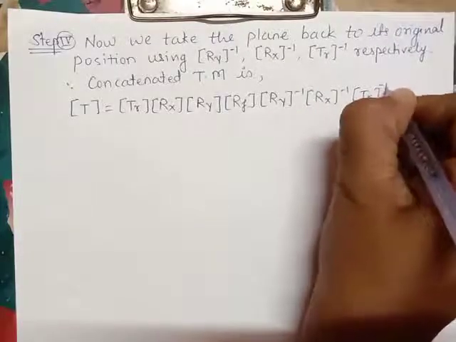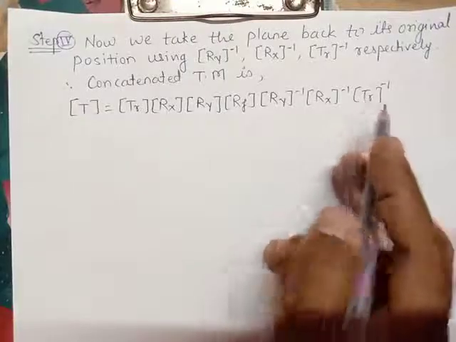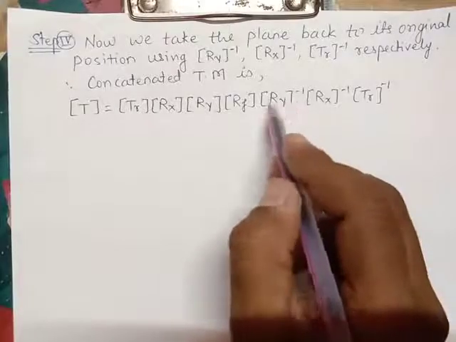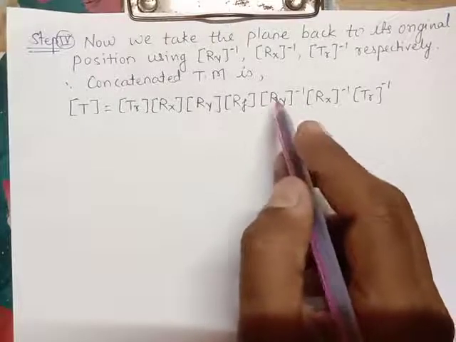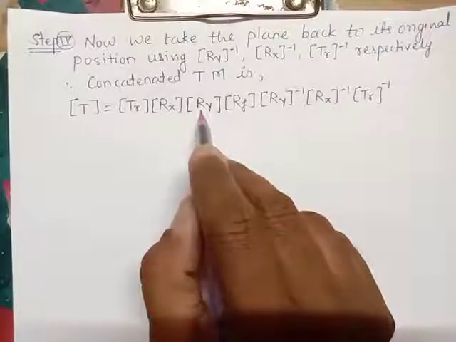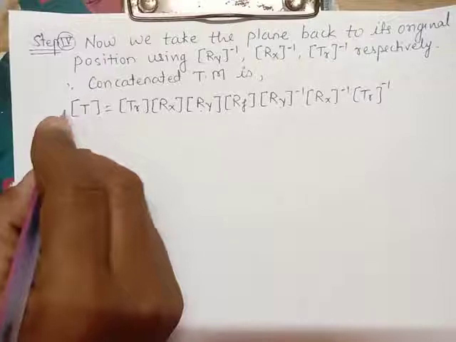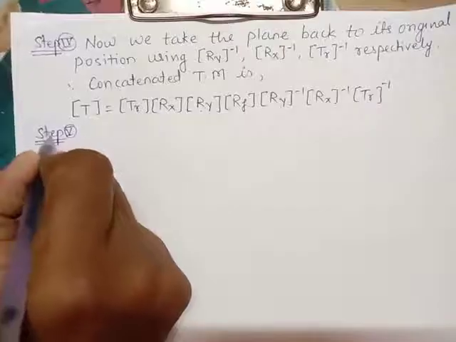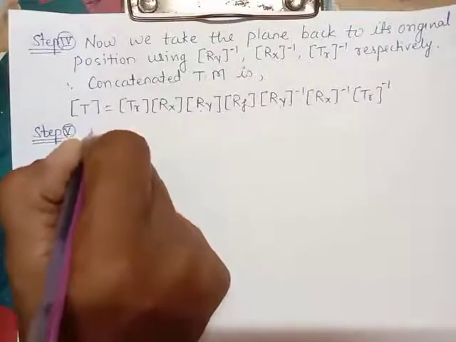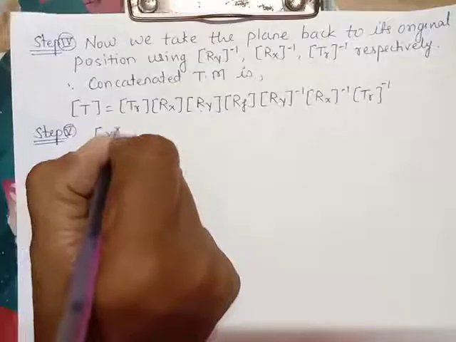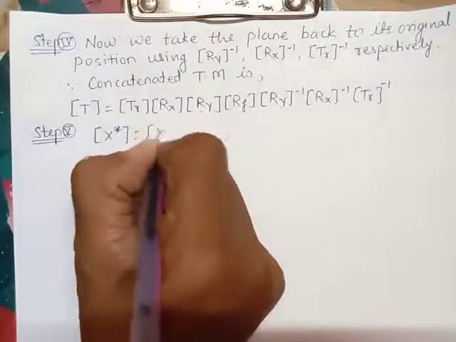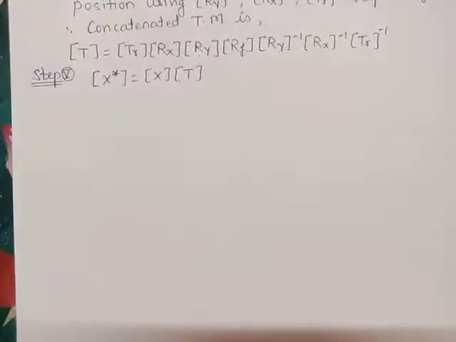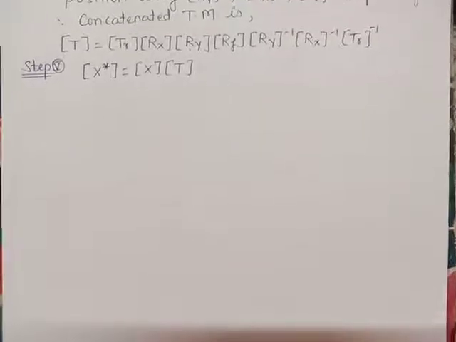In inverse translation, wherever the translation factor is negative, we have to make it positive. While for an inverse rotation matrix, we have to take the transpose of the rotation matrix. Simply that we have to take and multiply. Already we have covered that part in chapter 1. And at last we have to get x star, that is X into T.